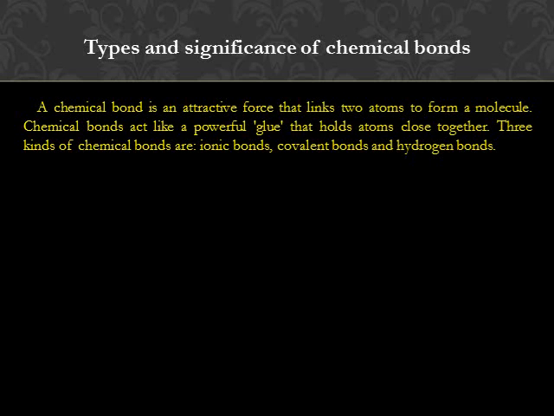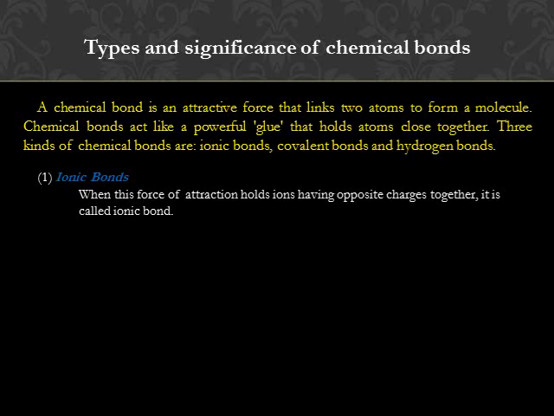A chemical bond is an attractive force which links two atoms to form a molecule. Chemical bonds act like a powerful glue that holds atoms close together. Three kinds of chemical bonds are generally found inside the living organism. First, ionic bond. Second, covalent bond. And third is the hydrogen bond. Let us see all one by one.